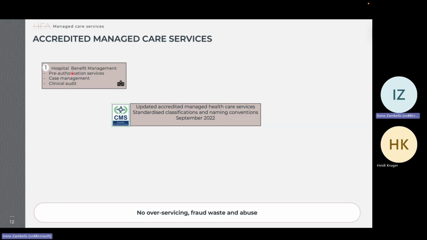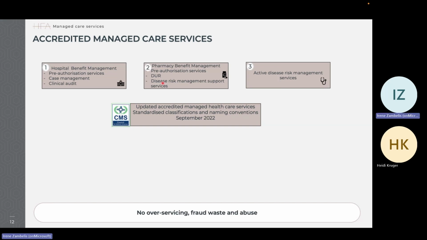You can see pre-authorization, case management, and clinical audits fall under that. Then there's pharmacy benefit management. And we can see here also for drugs, pre-authorization services, drug utilization review, and disease risk management support services that some pharmacy benefit management companies also provide.